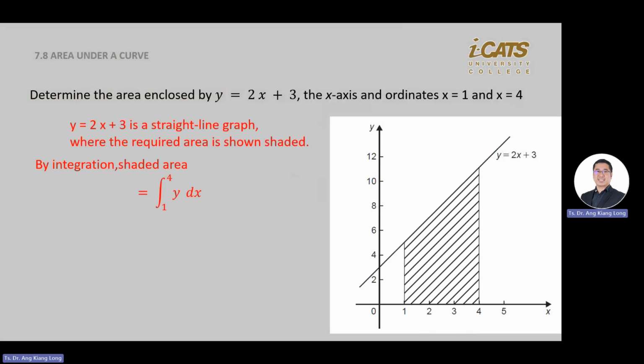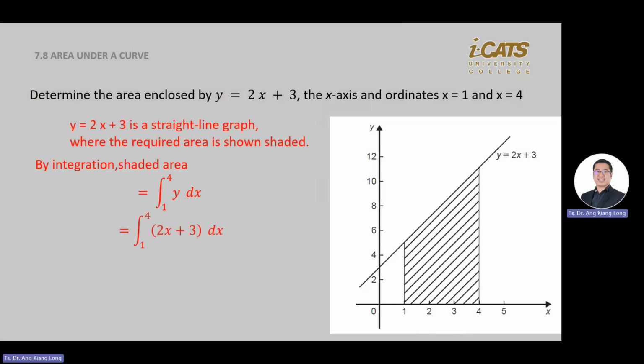How you write is, you write area or shaded area equals integrate 1 to 4 y dx. Start with this statement first, then do the normal integration. You know that you can do it this way because you know that all is positive and there's no negative area.